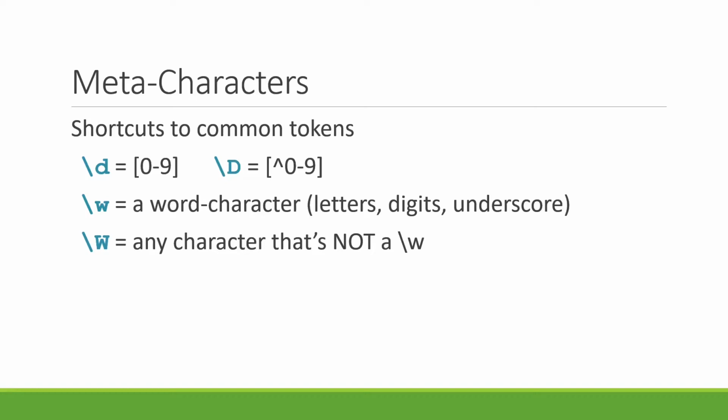So rather than constantly typing upper and lowercase letters, digits, and underscore, they just made a shortcut for it. So lowercase \w is a shortcut for any word character, and then uppercase is anything that is not a word character.